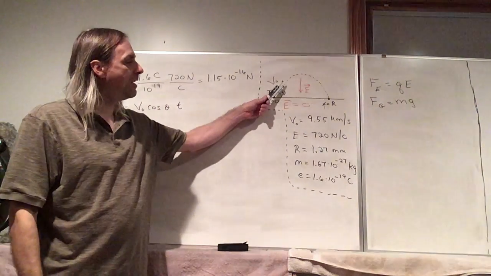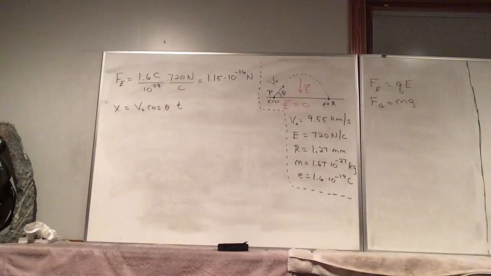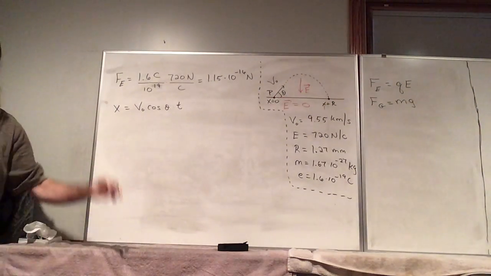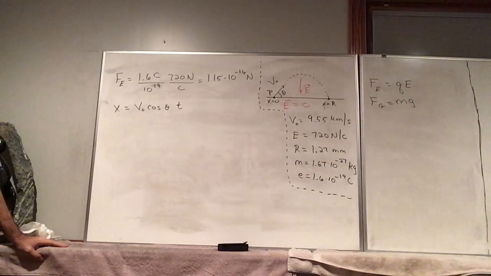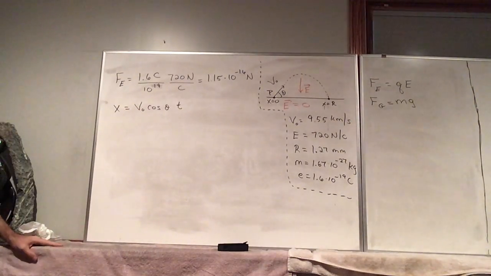The initial velocity makes an angle theta with respect to the horizontal direction, and so the initial velocity in the x direction is v0 cosine theta. Because there's no acceleration, the position is just that constant velocity times t.